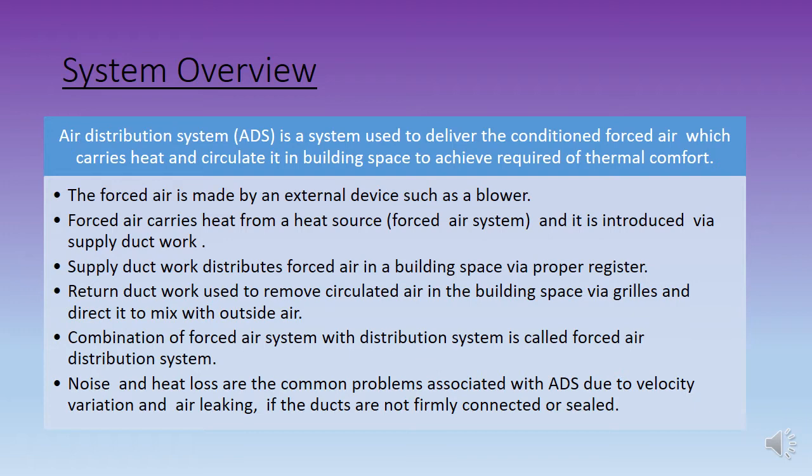These are common problems in ADS, and if the ducts are not properly sealed or connected, the problem becomes worse. So it has to be ensured that the connections between all branches in the ductwork are firmly sealed or insulated.